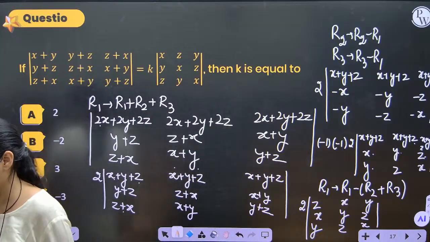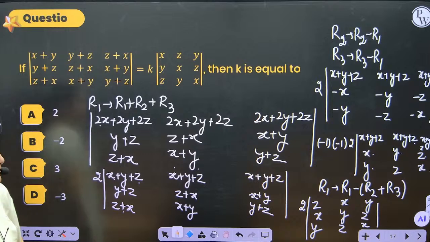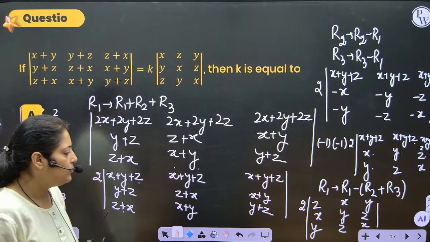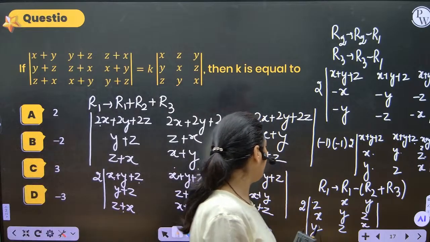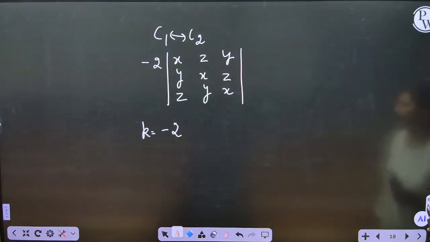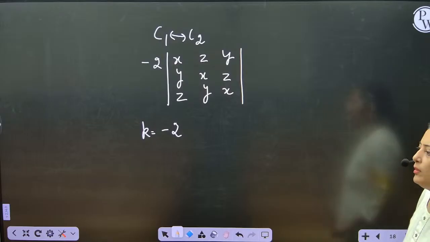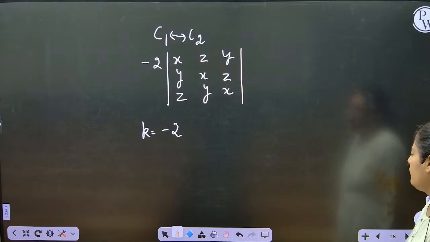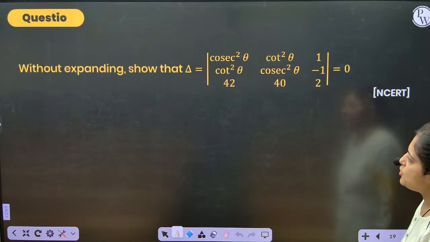So that's why I have multiplied with -1. This one. Next question.